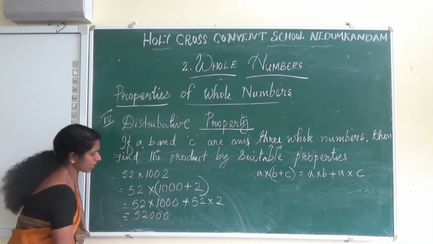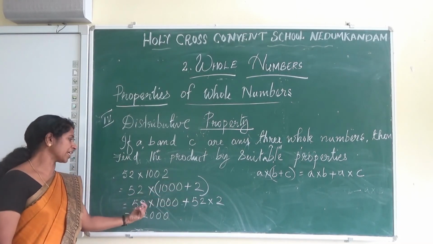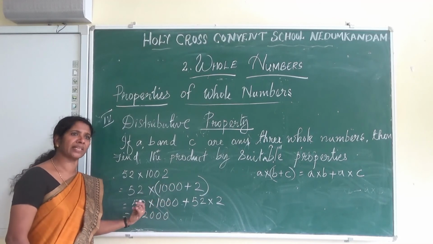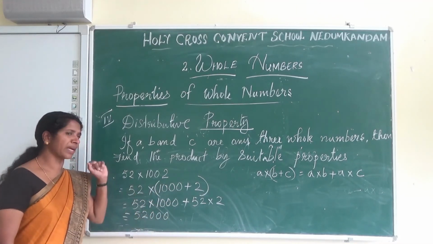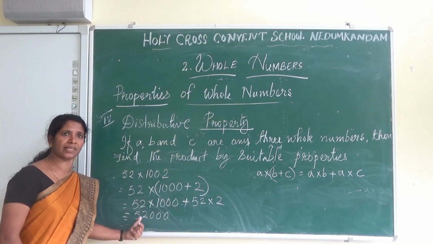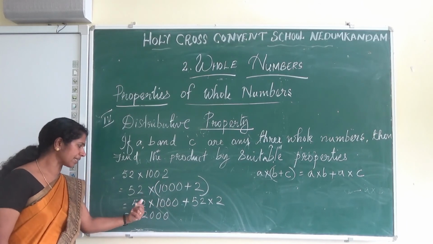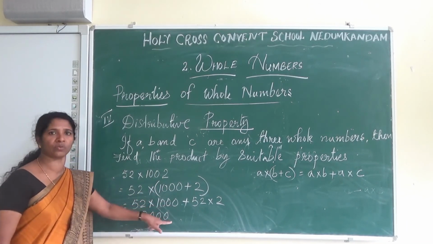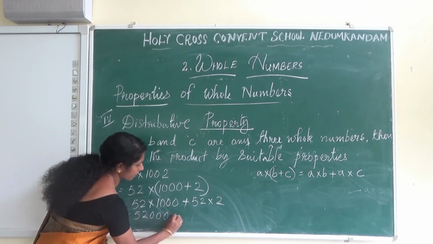Multiplication by 10, 100, 1000 is very easy. Multiplication by 10 means write the number as it is and put 0 at the end. Multiplication by 100 means put 2 zeros at the end. Multiplication by 1000 means put 3 zeros at the end. So the number becomes 52,000 plus.